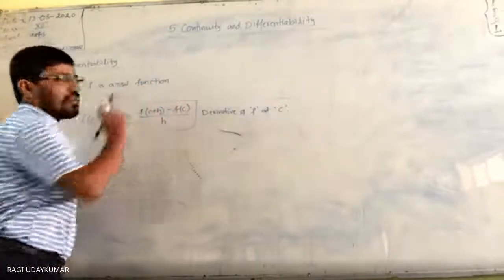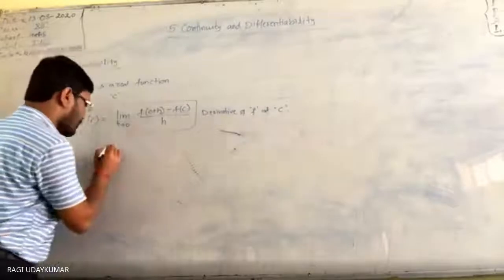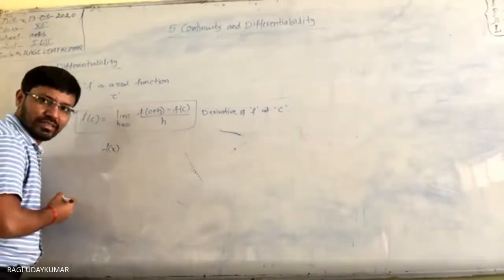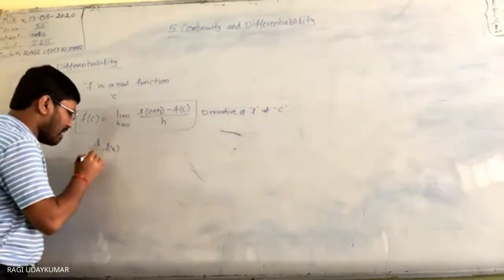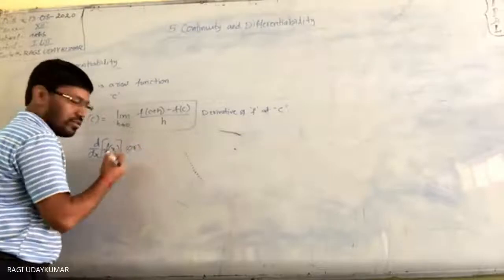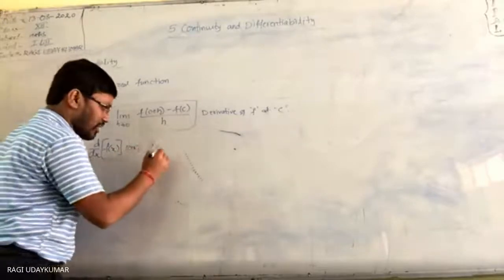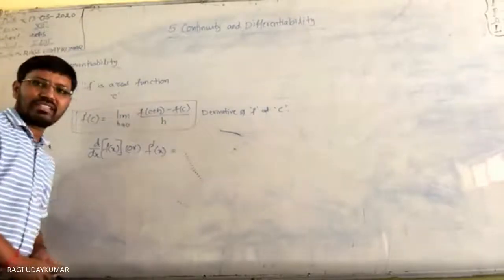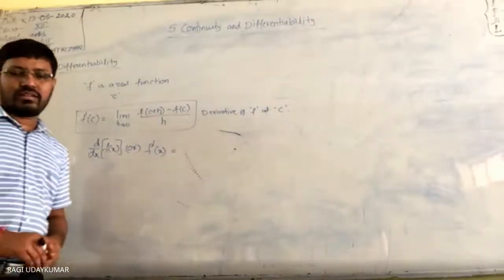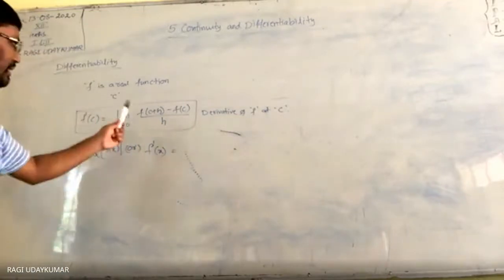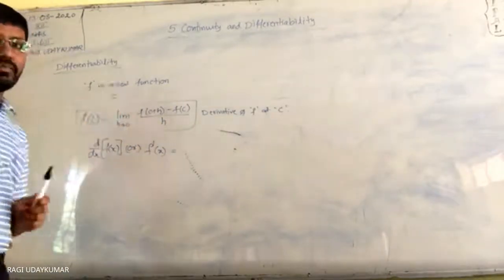So if a function f is given to you, then the derivative of the function f of x will be denoted by d by dx of f of x or f dash of x, which is equal to, can anyone say? This is at a particular point c, the derivative of the function at a particular point c.